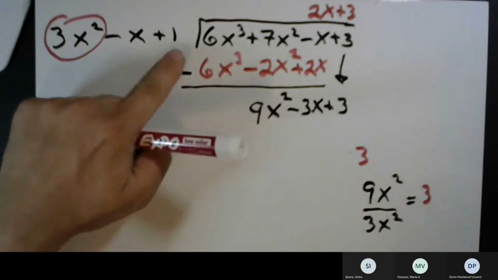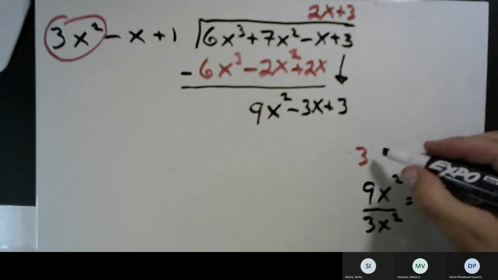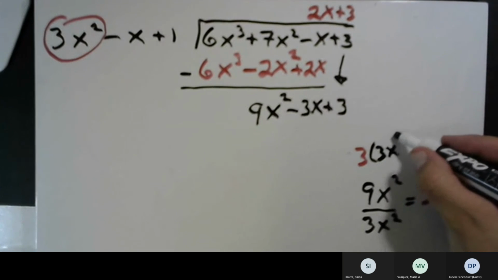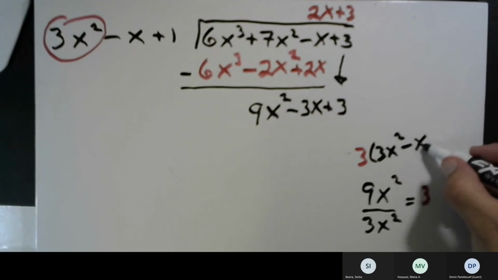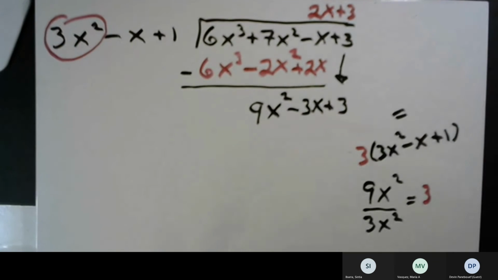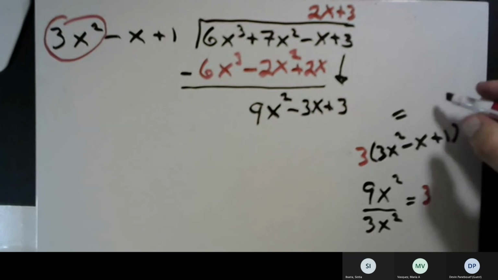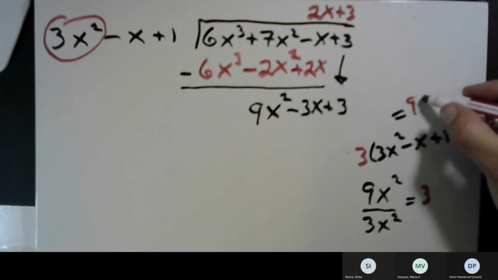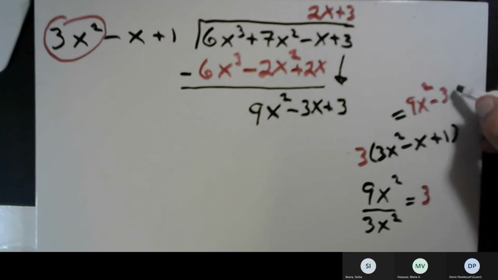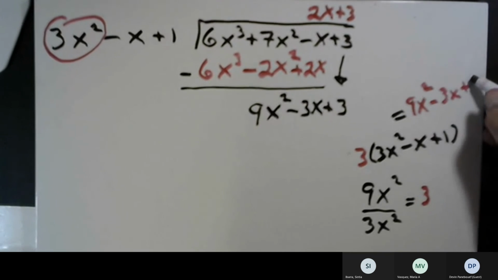So now that 3 multiplies the entire divisor. We'll get 9x squared minus 3x plus 3.